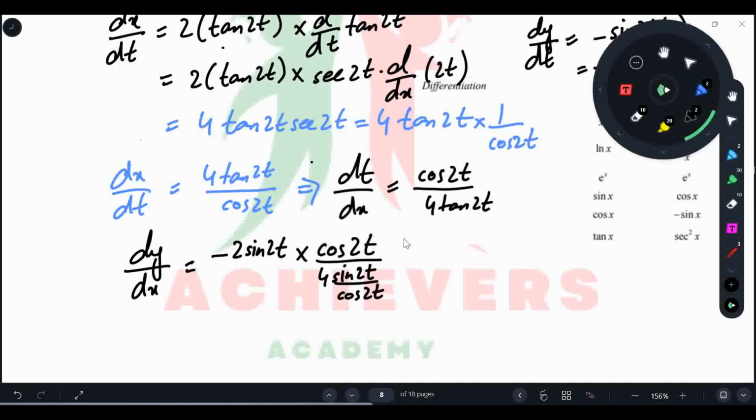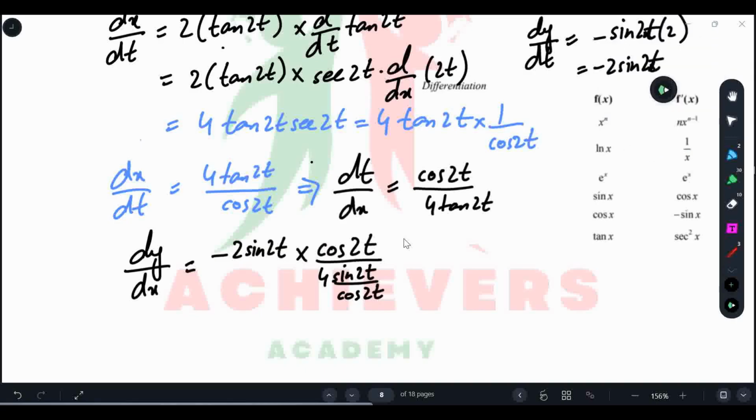Now from here, if we take the reciprocal of it, we can cancel out these two. We can cancel out sine 2t with sine 2t.